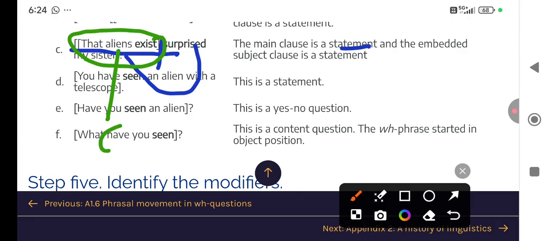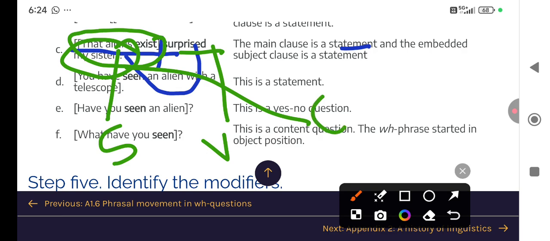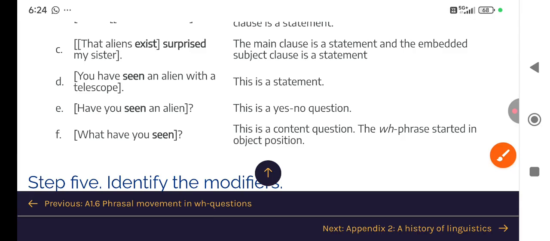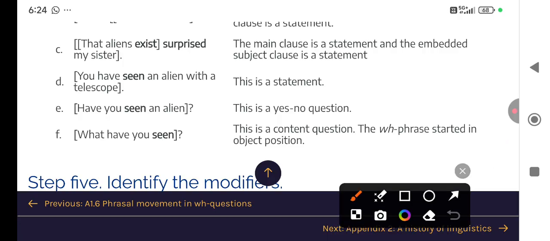So that's the subject. Surprise is the verb. Whom? My sister, so that is the object. Subject, verb, object. So both clauses, that aliens exist and surprised my sister, are statements.